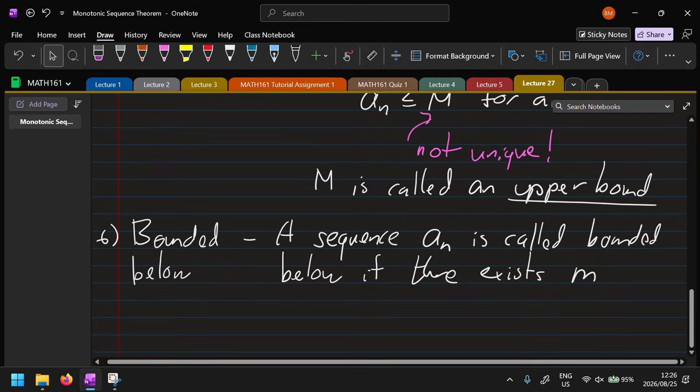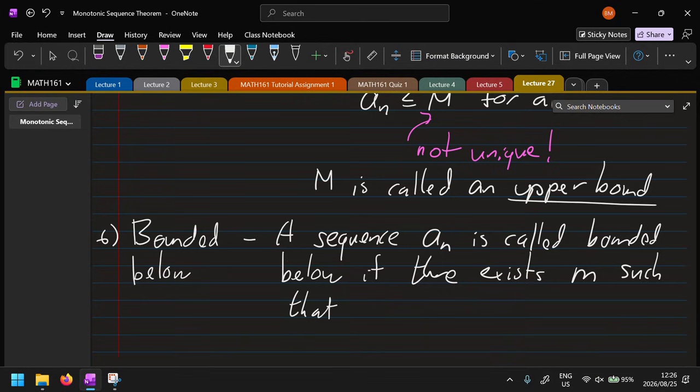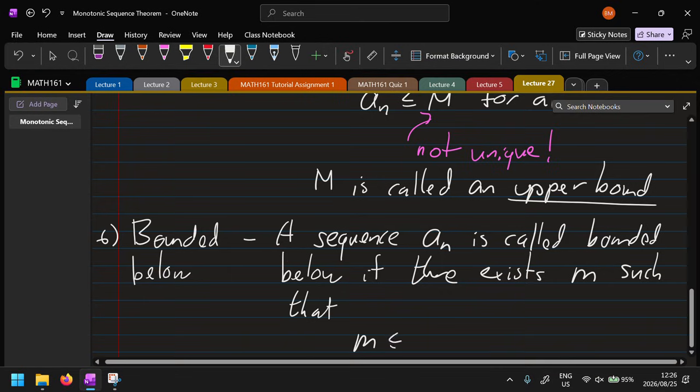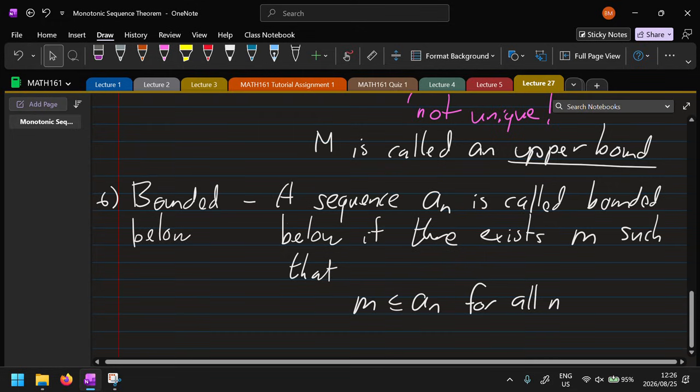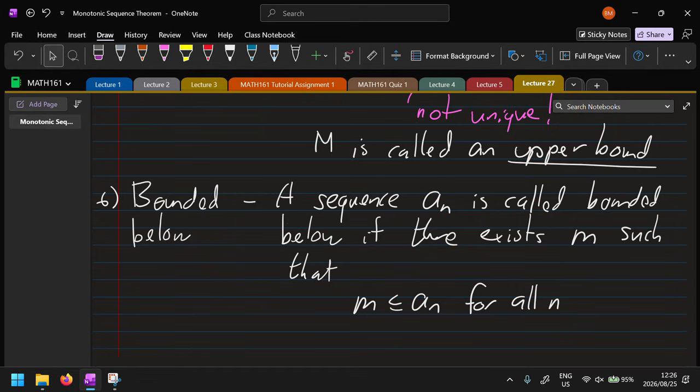There exists a little m such that little m is less than or equal to a_n for all n. We see it's bounded below because any term in our sequence is not smaller than this. So we say that little m is a lower bound. It doesn't go below that little m value.